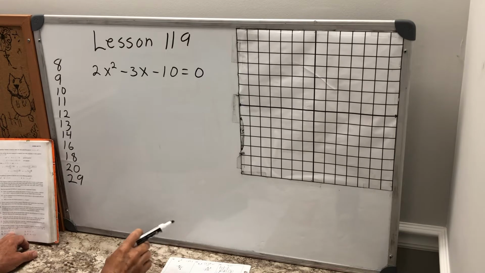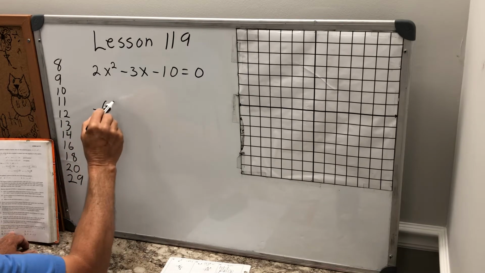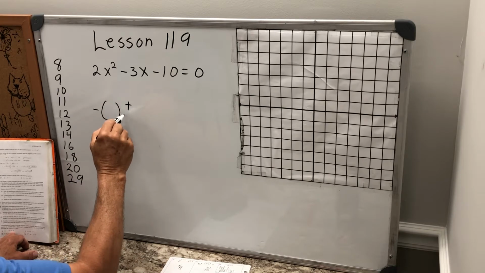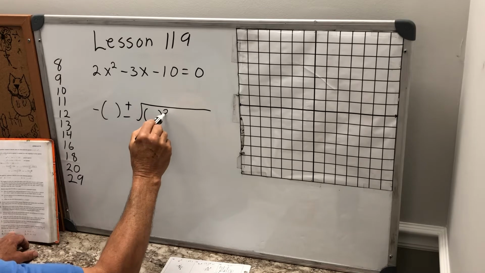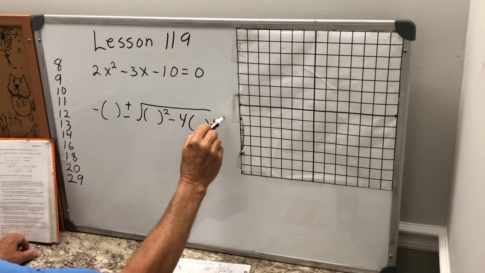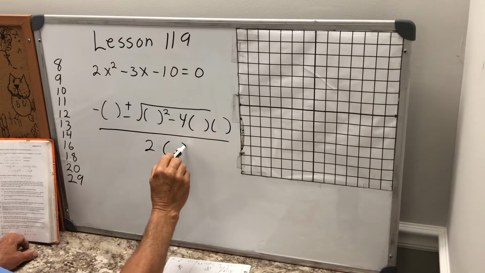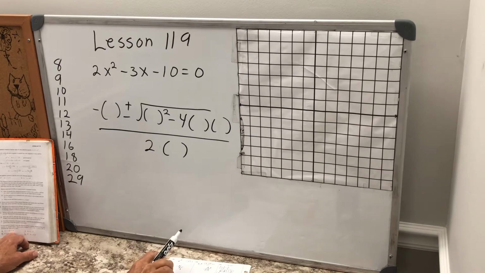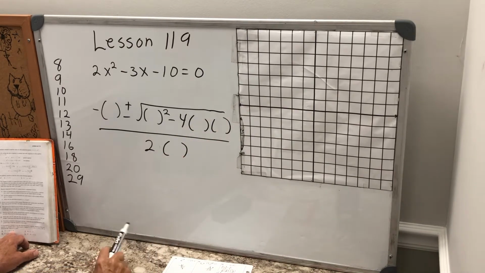All right, and then we start off. The quadratic formula is negative b plus or minus the square root of b squared negative 4ac over 2a. You need to memorize that. Keep working on it until you get that straight, because your test will be necessary.